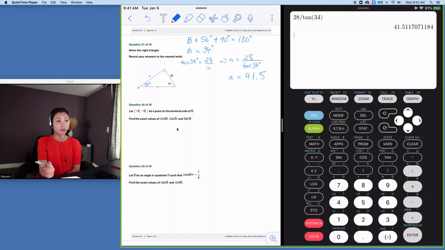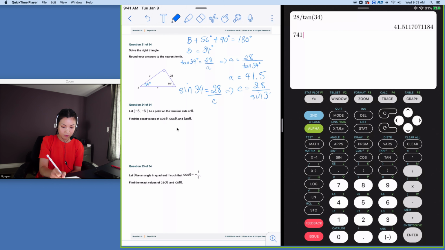Okay, now solving for C. What I have for C is, so C is the hypotenuse. So we can use opposite over hypotenuse. So in that case, it's sine. So sine of 34 is going to be 28 over C. So C is going to be 28 over sine of 34.